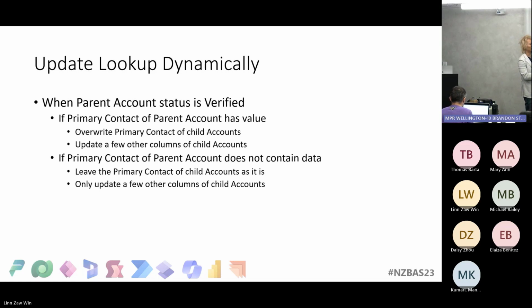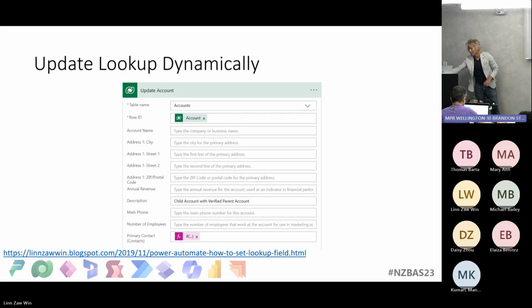Otherwise, leave the value as it is. If the value is empty in the parent account, do not override with the empty value, just leave it as it is. So in order to do that scenario, we have to write an expression.